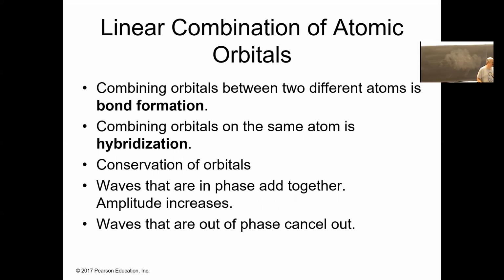And what that means is that, for example, in hybridization, if we hybridize 4 atomic orbitals, we need to come up with 4 hybrids. If we combine orbitals on bonds, if we combine 2 orbitals, then we need to come up with 2 molecular orbitals.